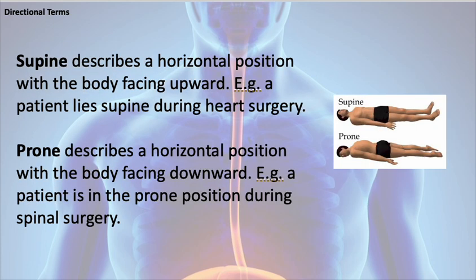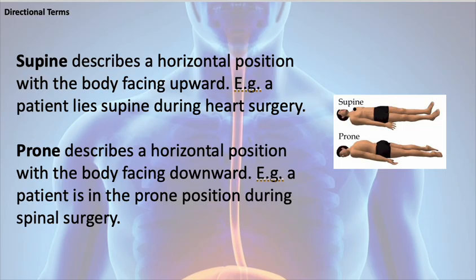We talked a little bit about supine versus prone. Supine refers to the horizontal position with the body facing up. So again, this allows for access to anterior structures, such as the heart during heart surgery, perhaps during intestinal surgeries, things like that.